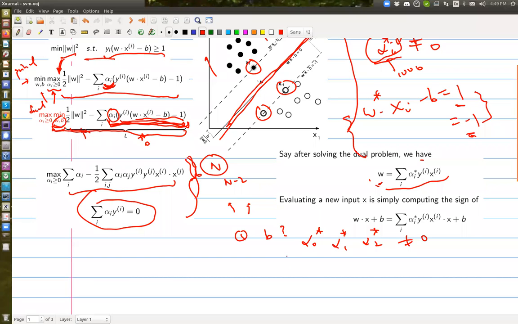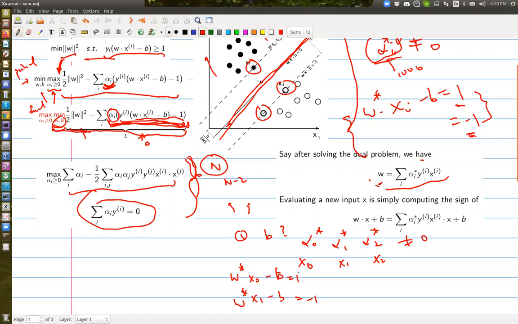And the corresponding data points x0, x1, x2 should have either w star x0 minus b equal to 1, and I may have w star x1 minus b. It can be +1 or -1.